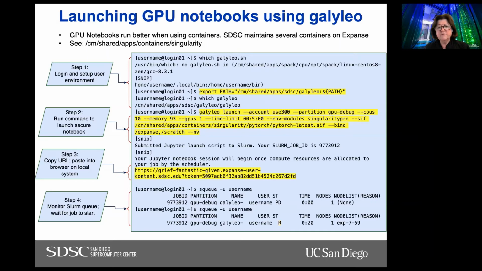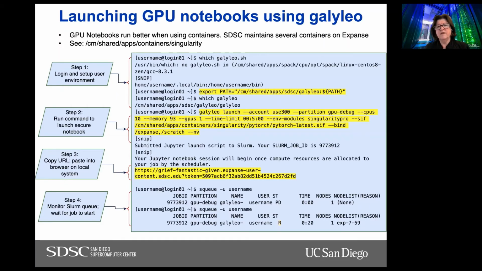A bit of advice is when you are on a GPU, use a container. We found just over time that on GPUs running notebooks, containers help everything run better because you're absolutely guaranteeing the environment that your job is running in, instead of depending on you remembering all the little things that need to be up and running when you're on GPU as opposed to CPU.